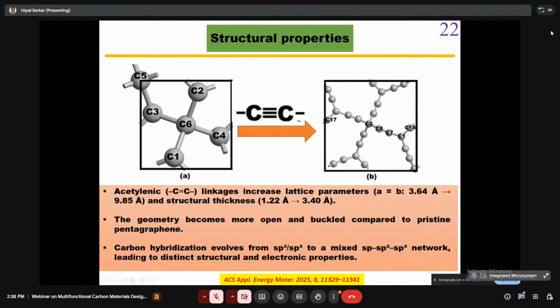And the hybridization here is sp2 and sp3, but here it is forming an sp2 sp3 network. So these structural hybridizations make a distinct difference in the electronic properties and also in the thermal properties.